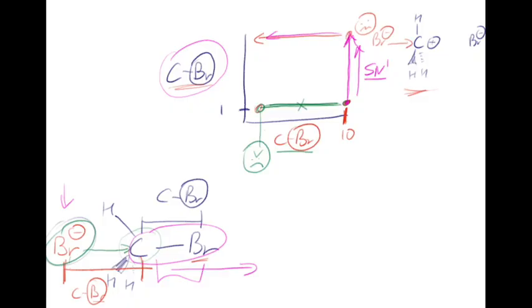The last option would be to go, let's say, along the diagonal, a concerted pathway between the two. In that case, we're moving closer in the carbon to the red bromine as we're elongating the carbon to blue bromine. So we're simultaneously increasing this bonding length as we are decreasing the other bonding length, and we follow this diagonal path.